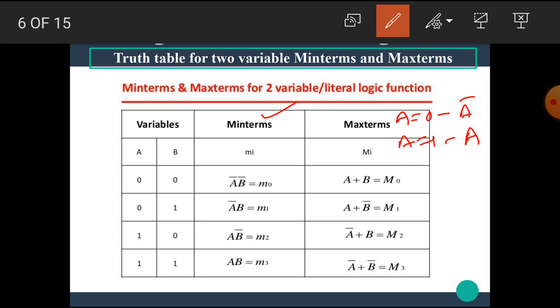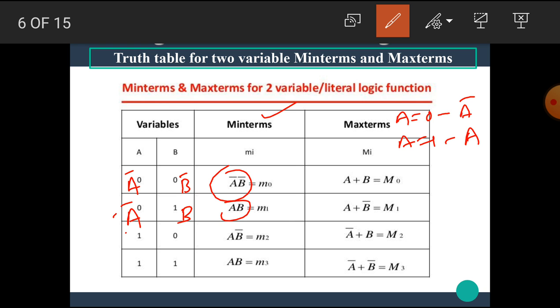In the case of min terms, a has the value 0, hence we write a bar, b has the value 0, hence we write b bar, and we get a bar b bar as the min term.